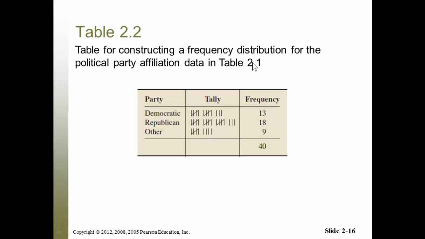And what we have in this screen is a tally of all of the observations that were made, so many in each of the values of this category variable of party. Then these are counted, and we get a set of frequencies which add up to the sum of 40.